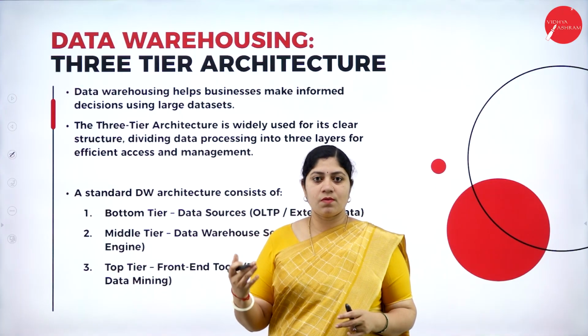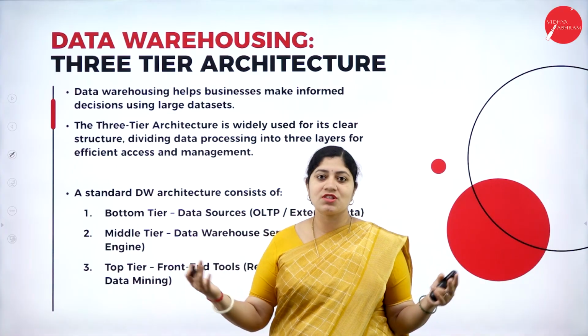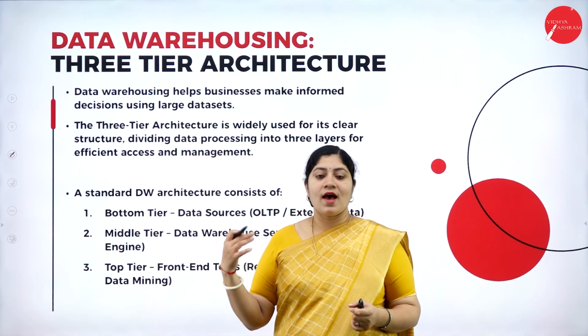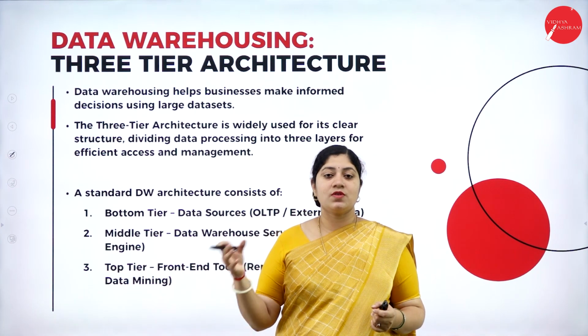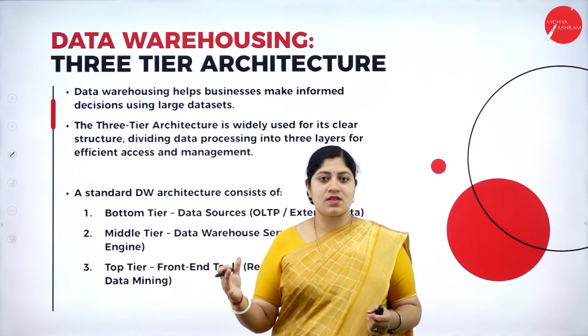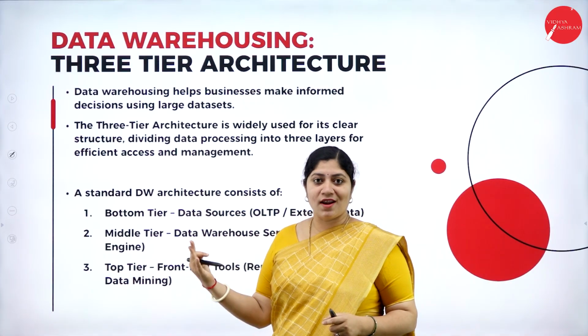So how are these informed decisions taken? They are taken depending on the large data sets which are stored in a data warehouse. Now, as it is stored in the data warehouse, it becomes crucial to understand the architecture of these data sets, right? So now it's time to understand the three-tier architecture.